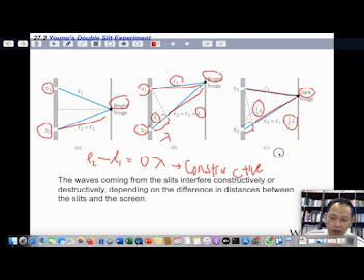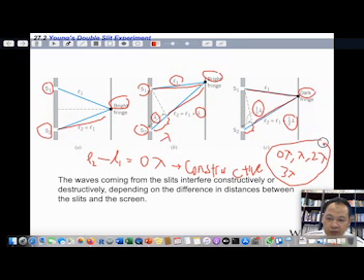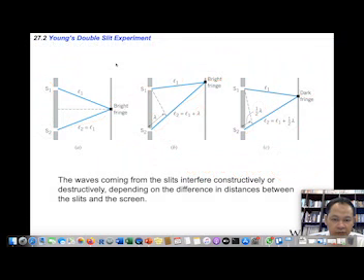If the difference is 0 lambda, lambda, 2 lambda, 3 lambda, it will be constructive, or bright here. Bright, dark, and so on. Okay? Is that clear? Okay, let's continue.